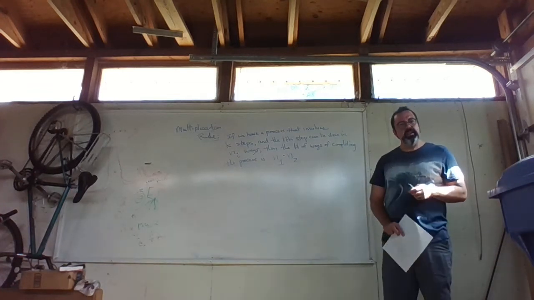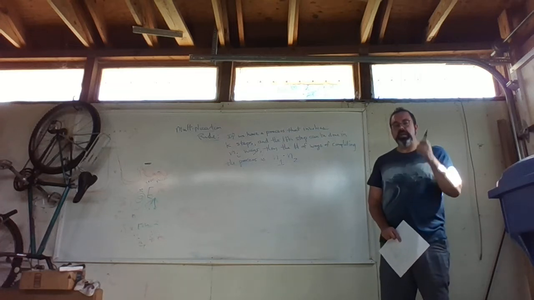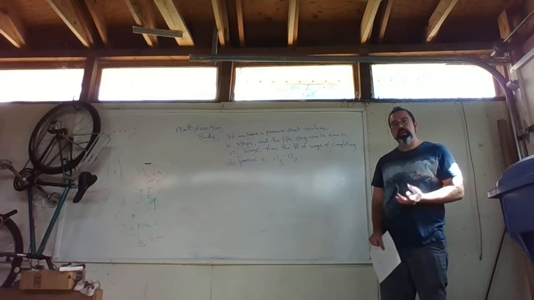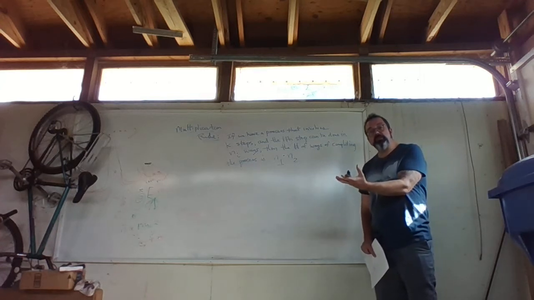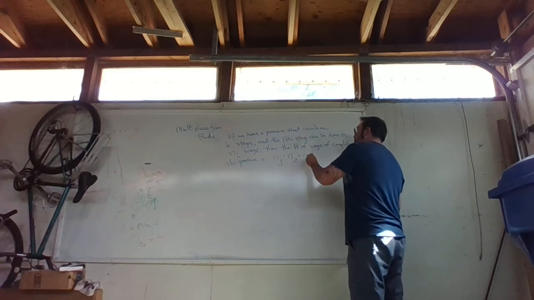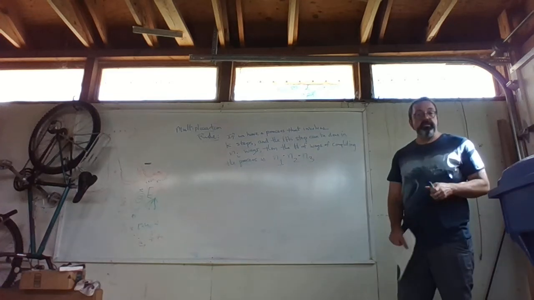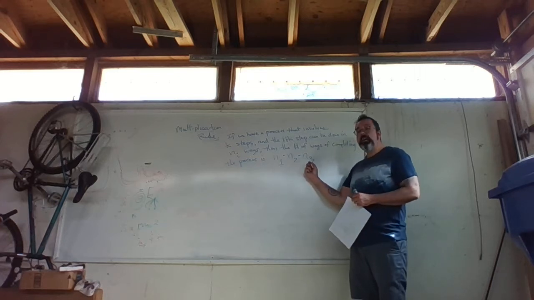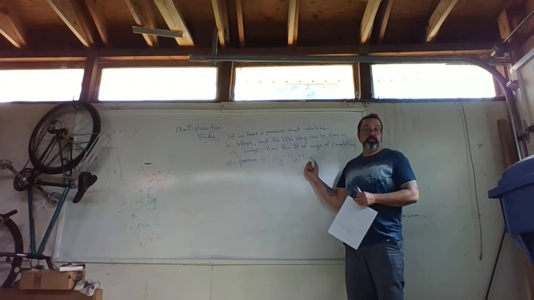Does that make sense? Make sure you're understanding. Pause the video and make sure you're understanding that idea before you go further. n1 possibilities for the first step times n2 for the second step. And it continues. Adding on the third step, for each of the n1 times n2 ways of doing the first two steps, we have n3 ways of doing the third step.